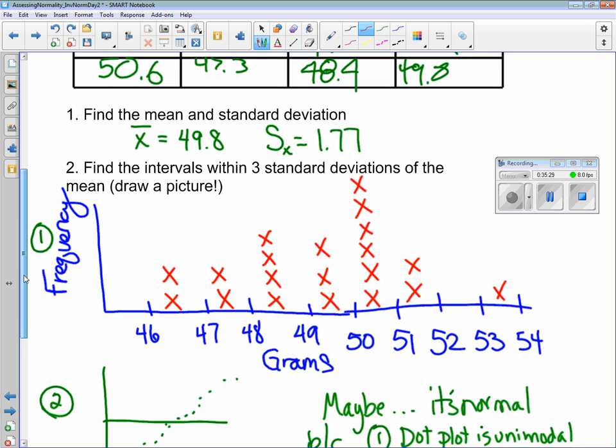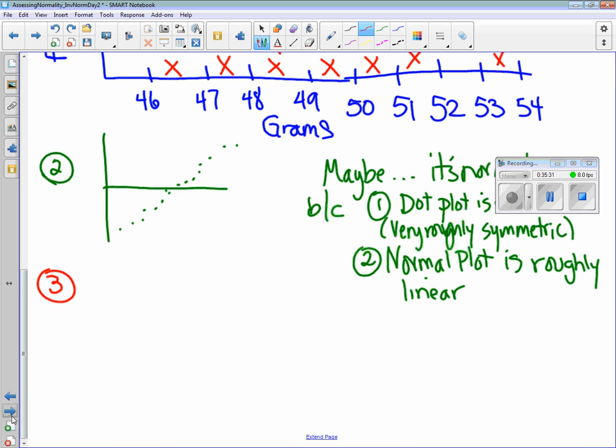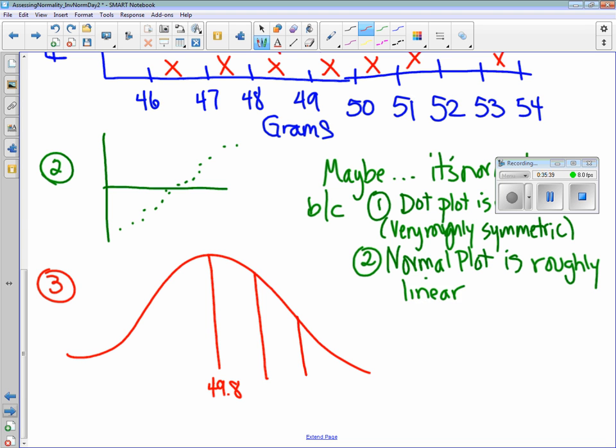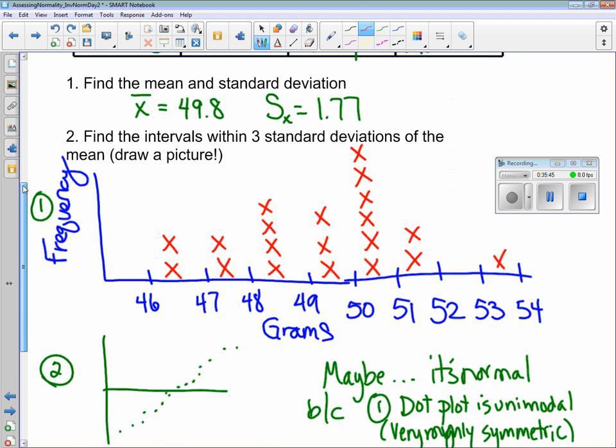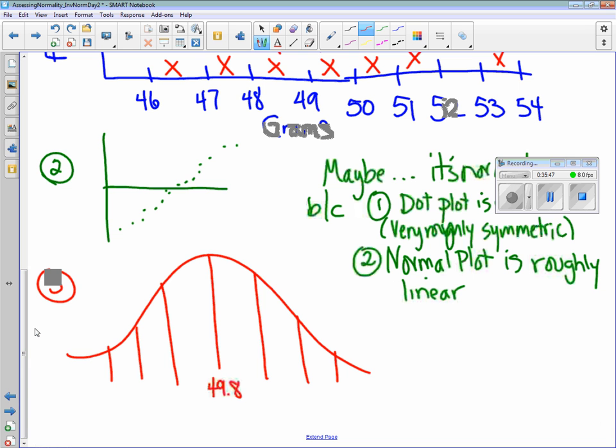So we're going to start with our mean of 49.8. Okay? And we're going to go 1, 2, and 3 above, 1, 2, and 3 below. What was our standard deviation again? 1.77. So let's add it.